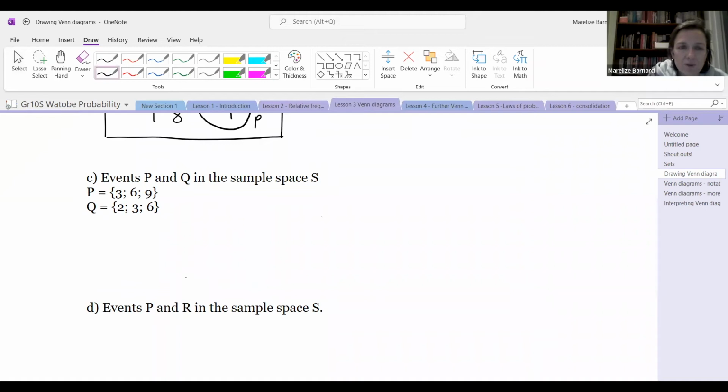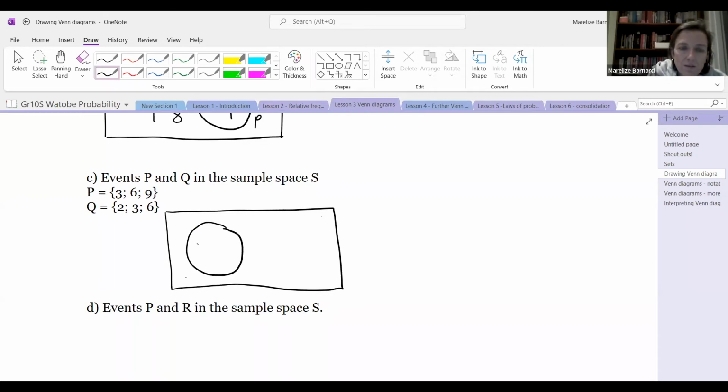Unfortunately, you guys can't post your Venn diagrams, but you can check that yours is correct. So we go again with our sample space. And now we've got event P. But if you check, there is overlap, there is intersection, 1, 3, and 6.